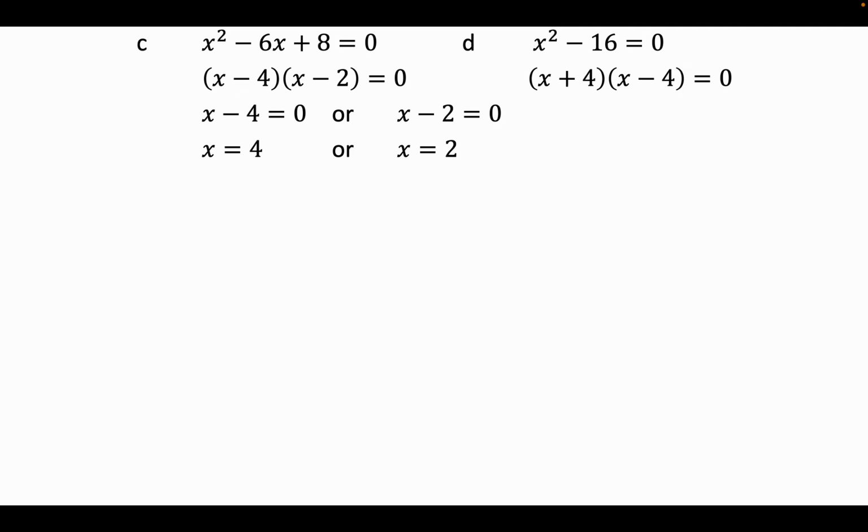Same method applies, split it apart, either x plus 4 equals 0 or x minus 4 equals 0. Getting x by itself on both of those, subtracting 4 on the left, adding 4 on the right, we get x equals negative 4 or x equals positive 4.